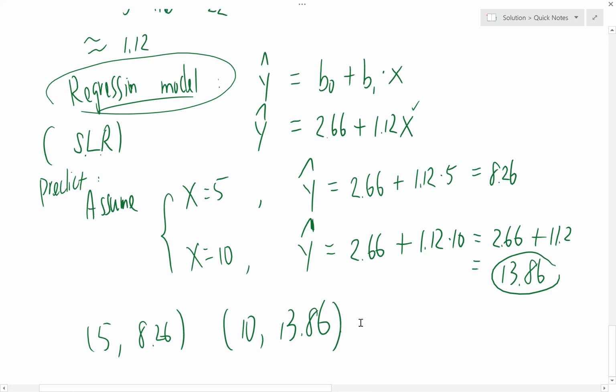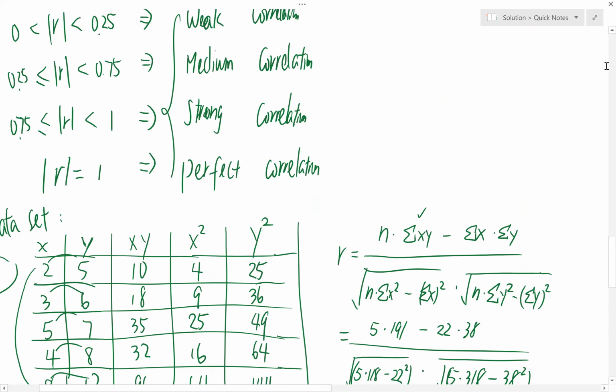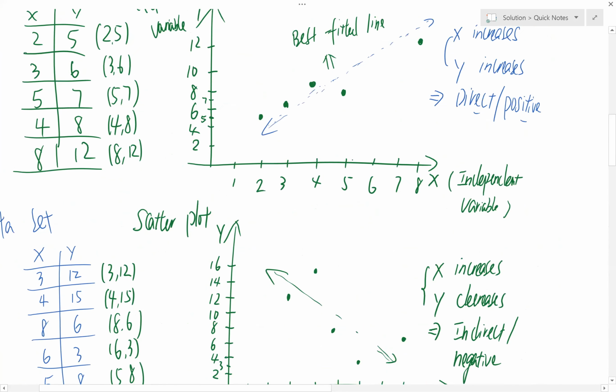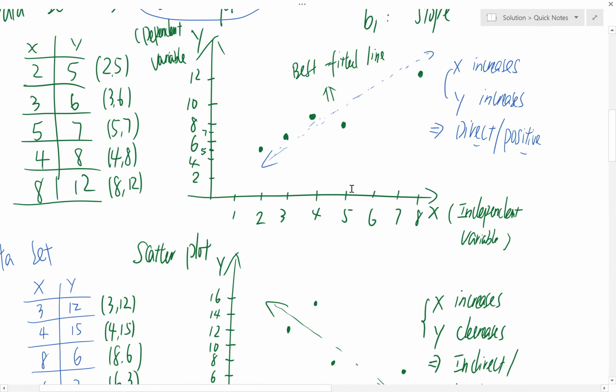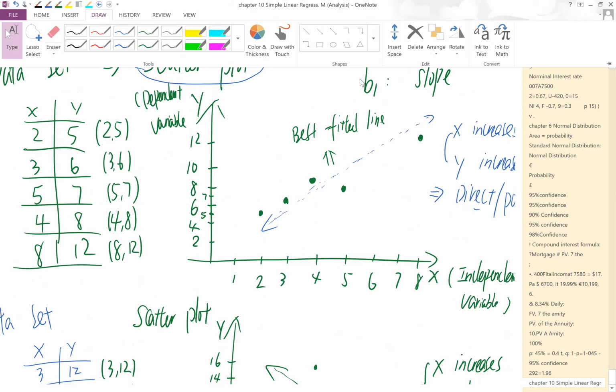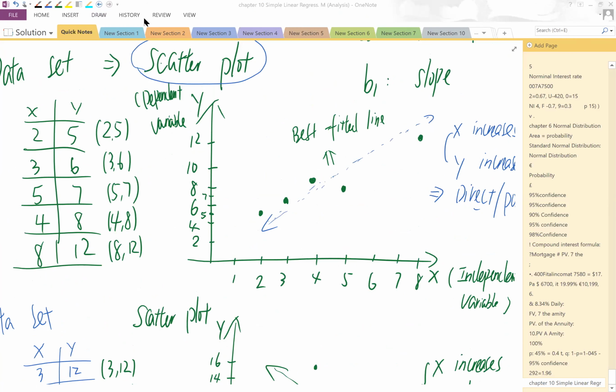We already have a scatter plot, and we just have to plot those two points. Let's say 5 here, 5 is 8.30 something. Let me use a different color, so we could come up with the best fitting line on the scatter plot as well.